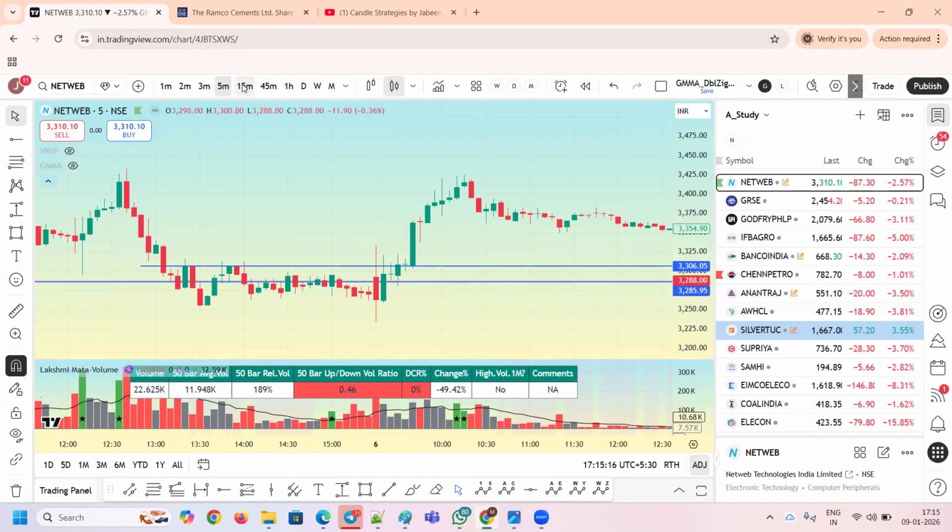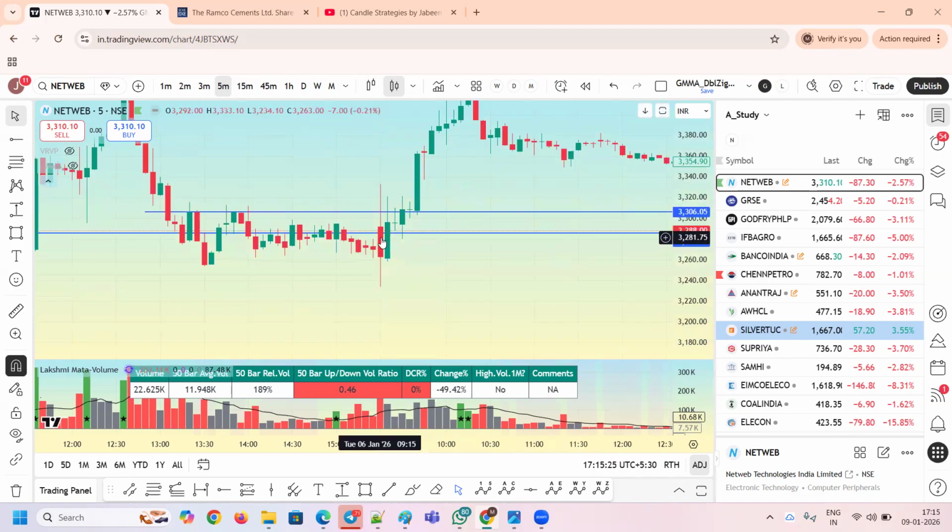See, this is a 15 minute candle. These three clubbed together will form a 15 minute candle. Correct? 1, 2, 3. So these are different, and this one will have the decision making. Most of the time, it will decide the color or shape of that candle in the 15 minute chart.